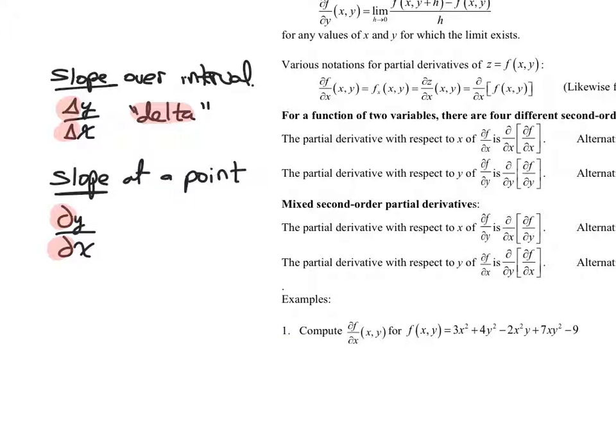So what happened is in Calc 1, they streamlined that down to just d, the reason being, I'm not going to write that symbol over and over again. That seems like a waste of effort, so we'll just use d.